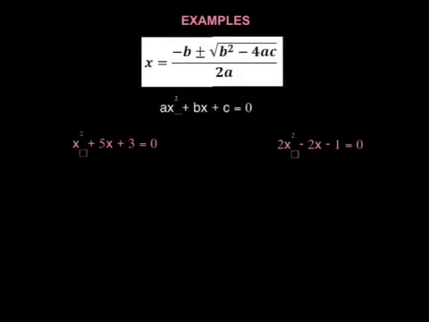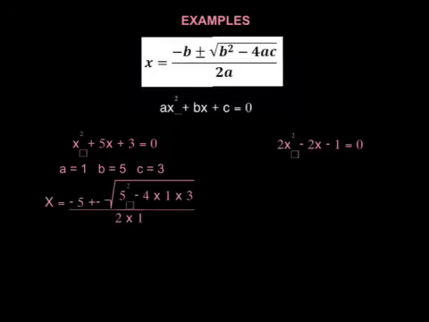By now you should be able to determine a is equal to 1, b is equal to positive 5, and c is equal to positive 3. I've just labelled them on the next line so we don't forget. I'm now going to substitute them into the quadratic formula so we can find out what x equals. It looks quite messy, but it's not too bad.